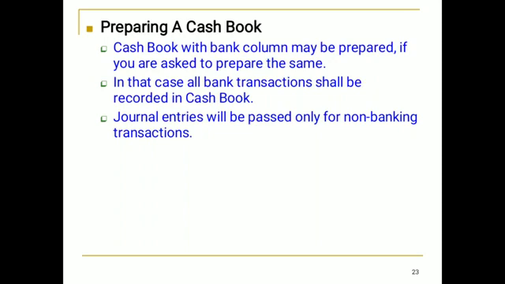They have actually highlighted a type of sum here, that whenever in the given question you are supposed to prepare a cash book, then you will prepare it with the column of bank, and all the transactions related to bank, that means the journal entries which consist the word bank in it, will be posted in cash book with a column of bank, and only the remaining journal entries will be written, which are for non-banking transactions.